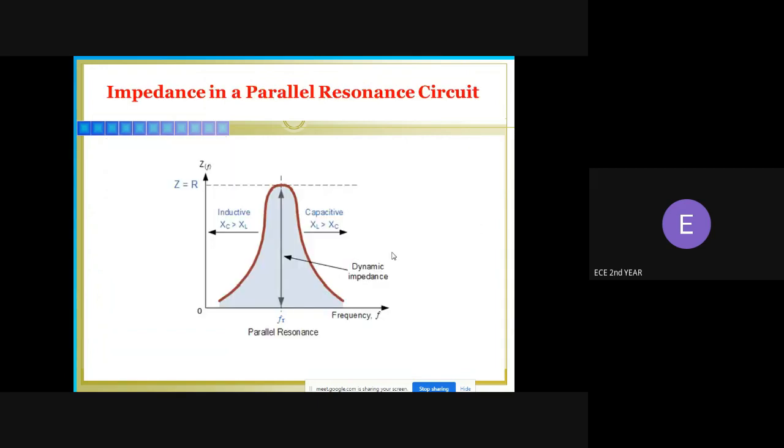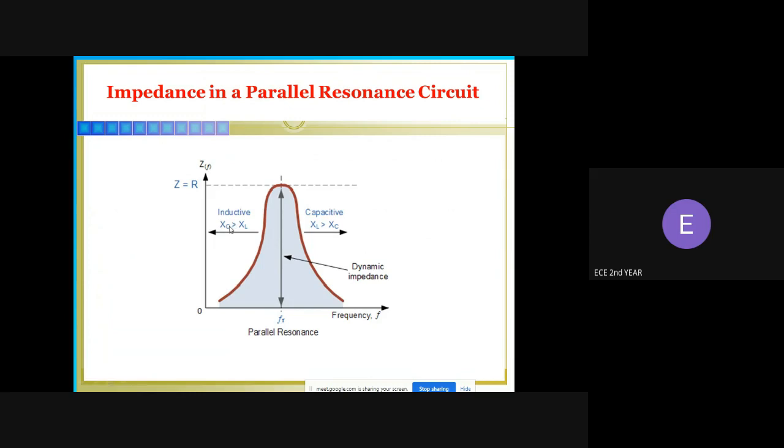So, impedance in a parallel resonance circuit. This is the graph drawn between Z and frequency. We know that at the time of resonance, Z is equal to R. At the resonance frequency, we get the maximum value of resistance, Z equal to R. If the R value is maximum, automatically the current will be minimum.